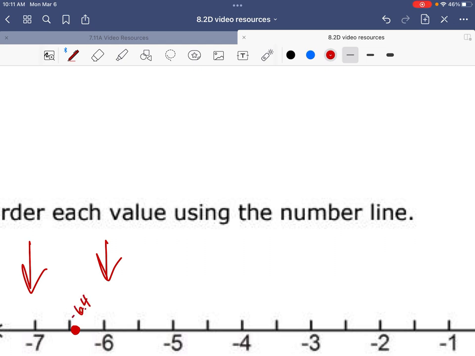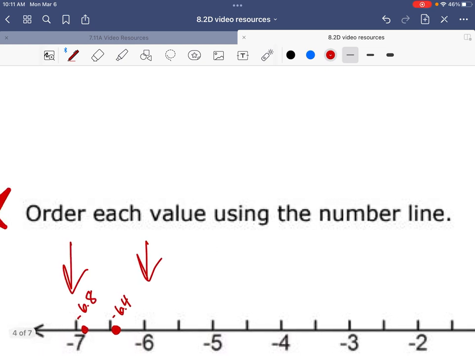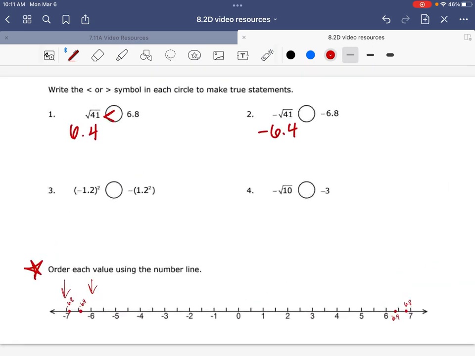And negative 6.8 will be closer to negative 7. So then when I really look at it, negative 6.4 is greater because it's further to the right on the number line. And remember, the less or the more negative something is, the smaller its value.